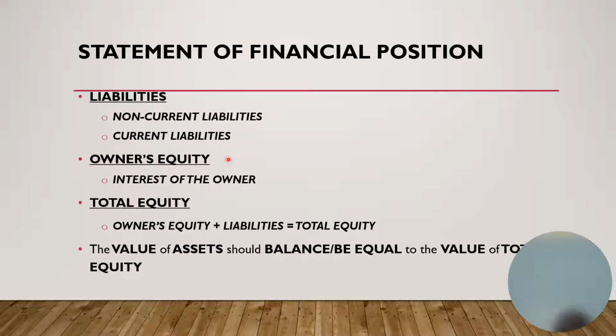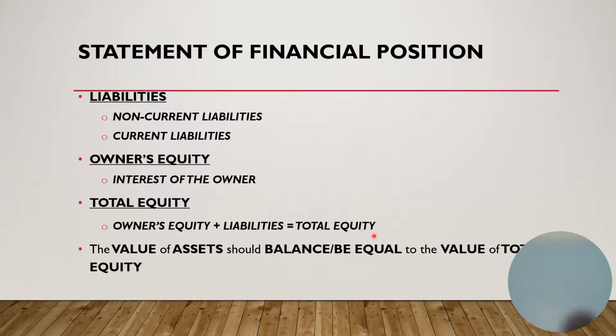Sometimes you just call it equity. What is it? It is the interest of the owner in the business. Alright. And then what is total equity? Your total equity is when you add your owner's equity plus your liabilities.